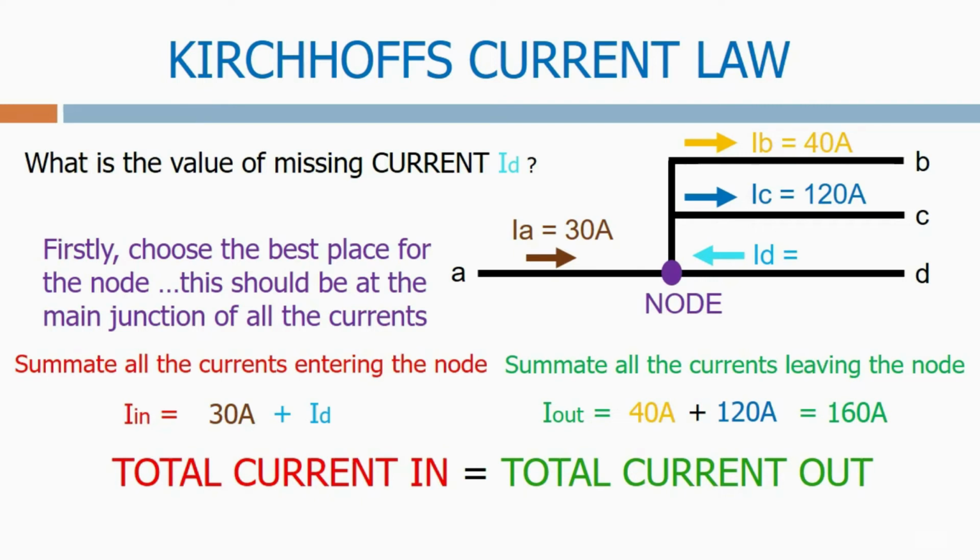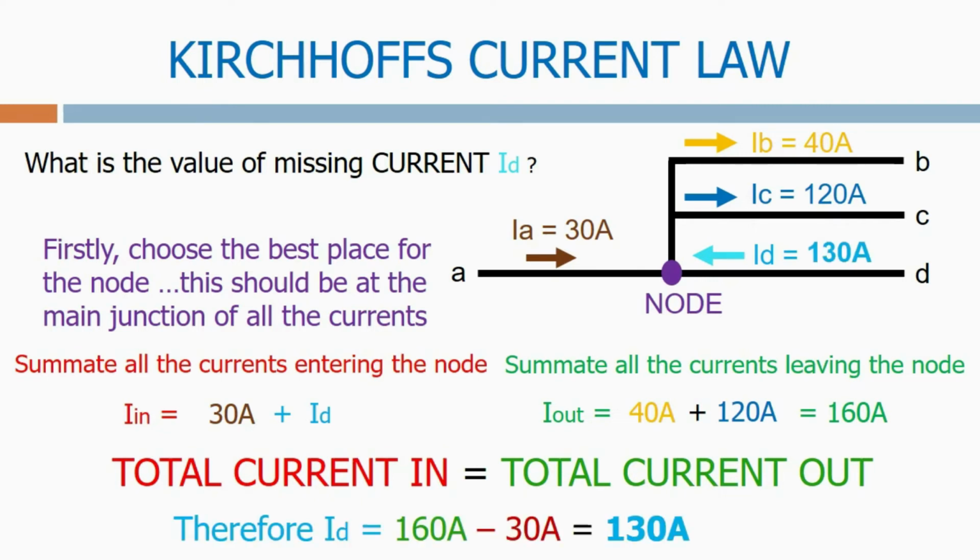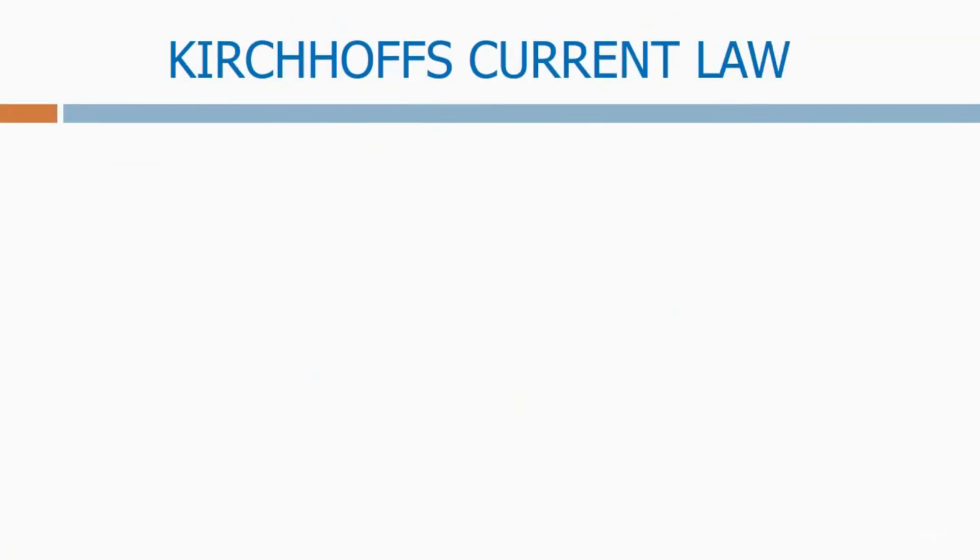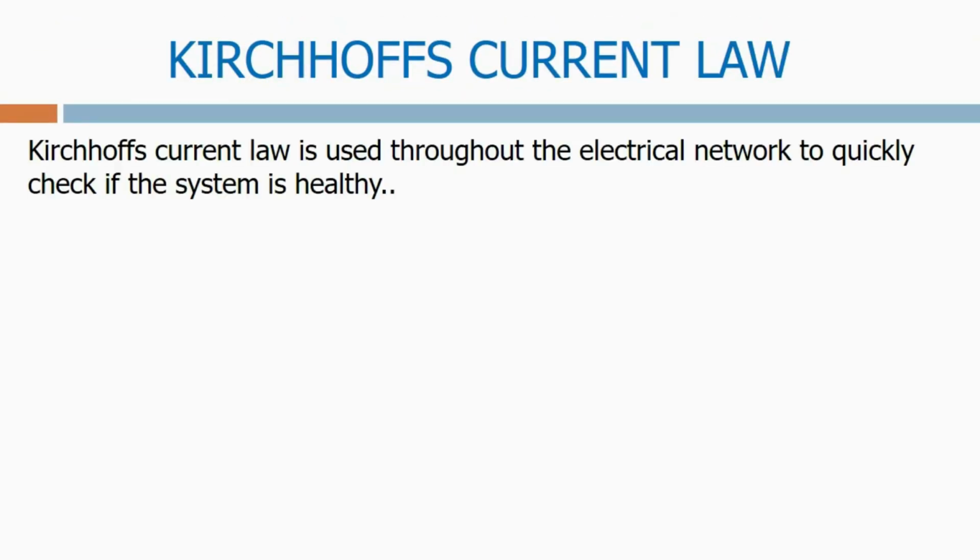Total current in equals total current out in Kirchhoff's law. Therefore ID is 160 amps minus 30 amps equals 130 amps. Kirchhoff's current law is used throughout the electrical network to quickly check if the system is healthy.